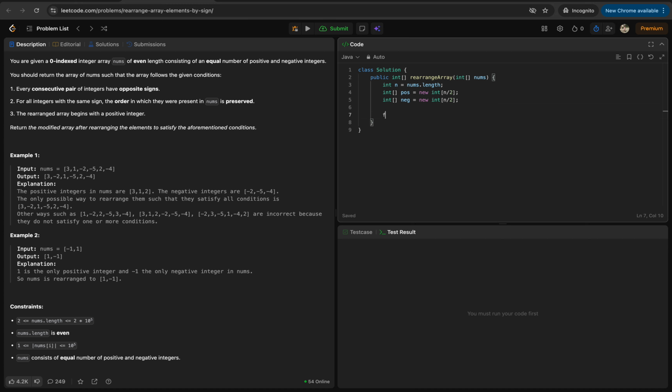And we'll iterate over this array. Int i equals 0, i is less than n, we can do i plus plus.